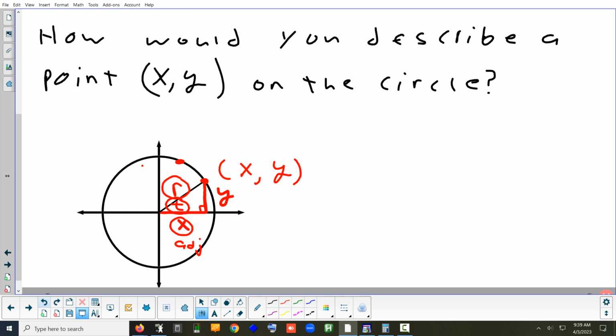Yep, hypotenuse. And what trig function involves adjacent and hypotenuse? Cosine. So the cosine of my angle, I know it's weird to see the angle as an English letter, but this is how it is in parametric. The cosine of my angle equals x over r.